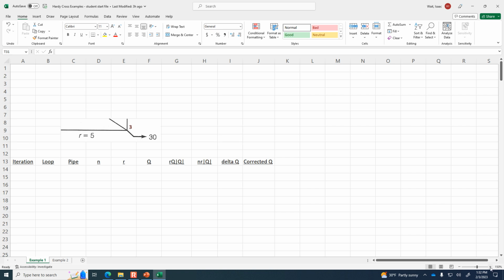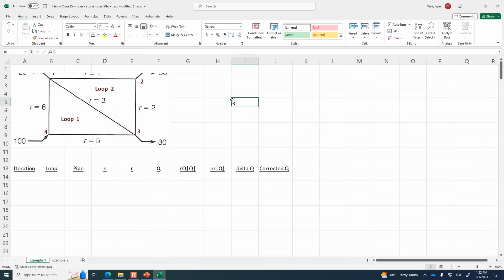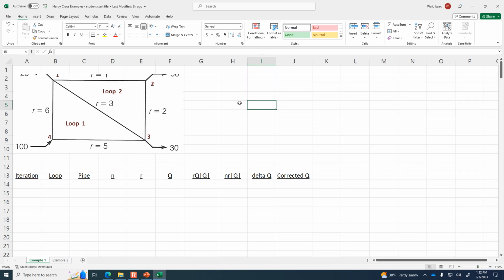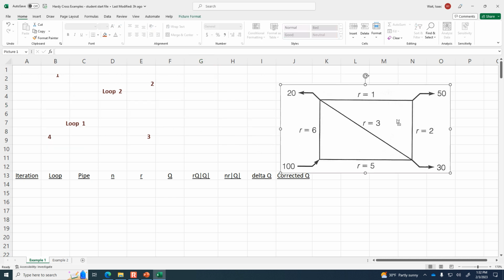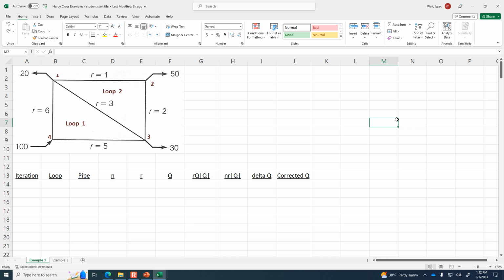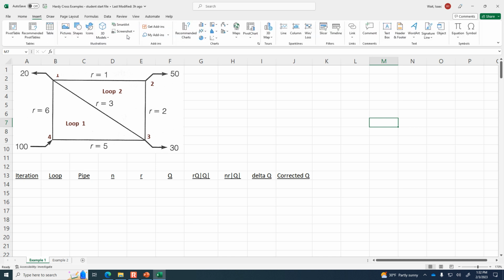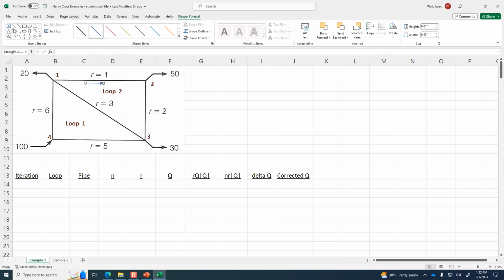To make things easier later on, it would be worth drawing your flow direction and the flow amounts. I guess you can glance at the paper. Why is this not showing up very good? So for me, I had 25 with that one.